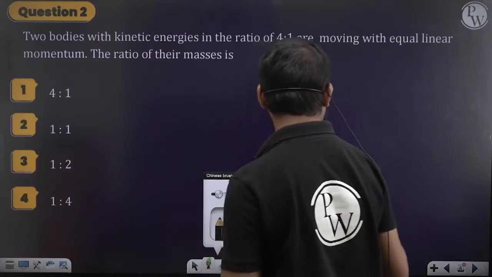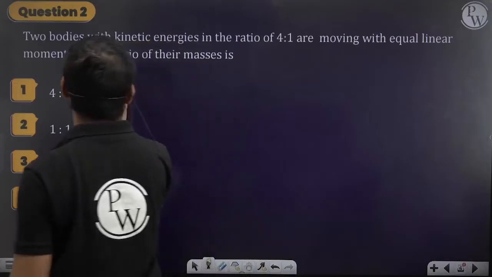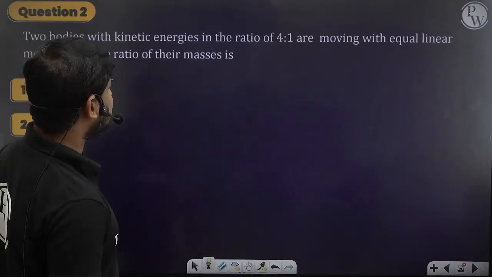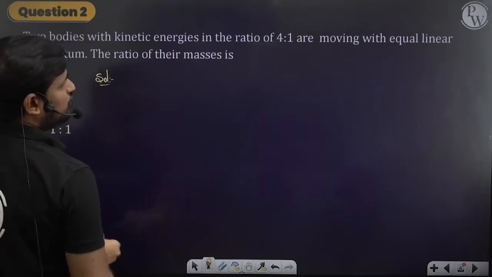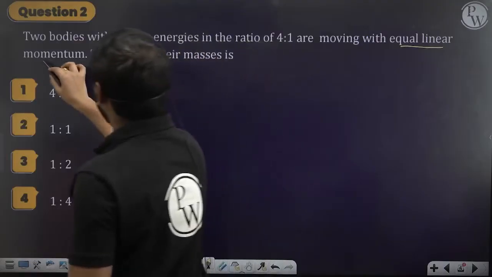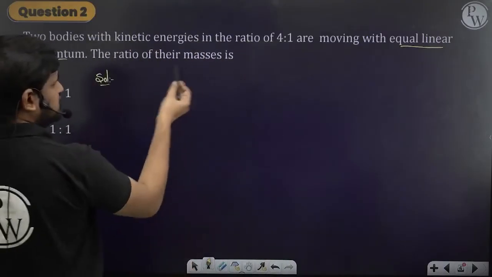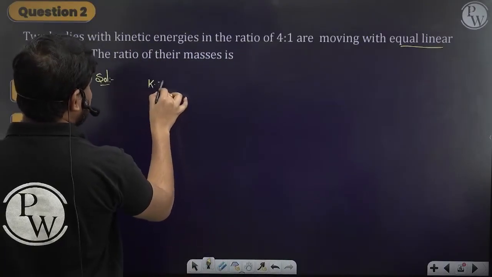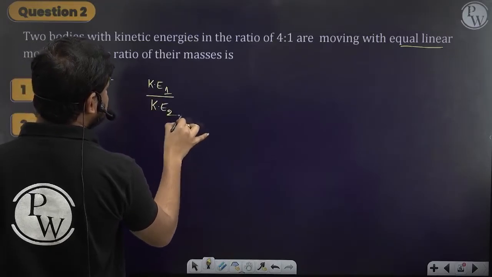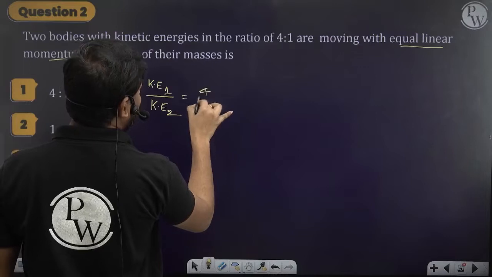So let's take one simple question here. What does the question say? Two bodies with kinetic energies in the ratio 4:1 are moving with equal linear momentum. So they both have the same linear momentum. Then the ratio of their masses, see here. So KE1 to KE2, their kinetic energy ratio is given, which is 4:1.